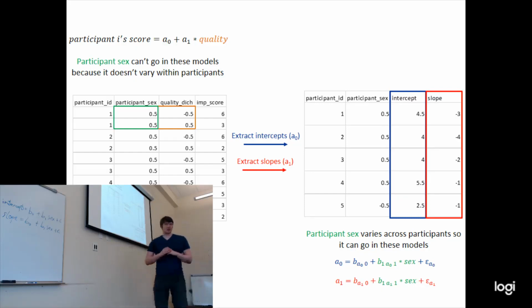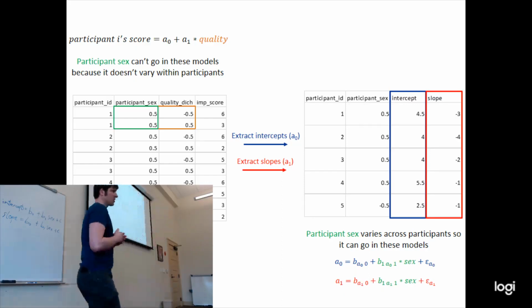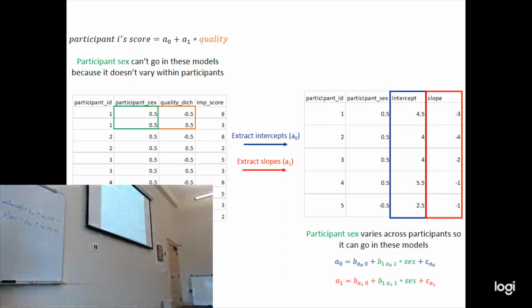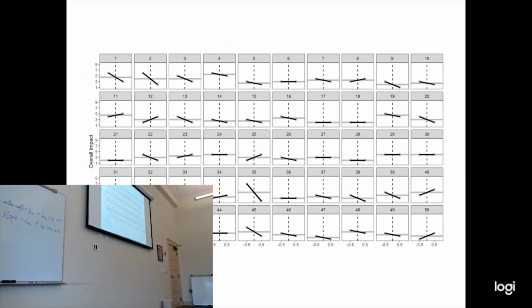Let me get to the next slide and please tell me if it still isn't clear. So first of all, we're extracting all of these intercepts and slopes across all of the reviewers. I showed you this image on Monday.